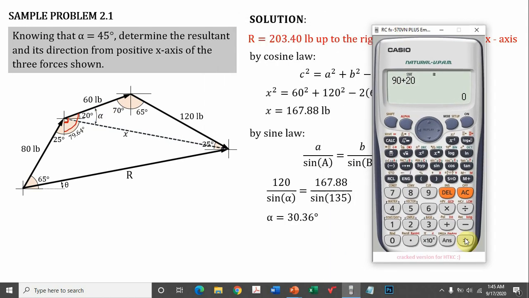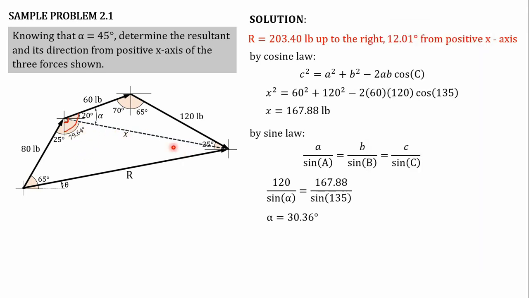What is our alpha? Minus 30.36. That is equivalent to 79.64. Do you get it? Let's proceed.